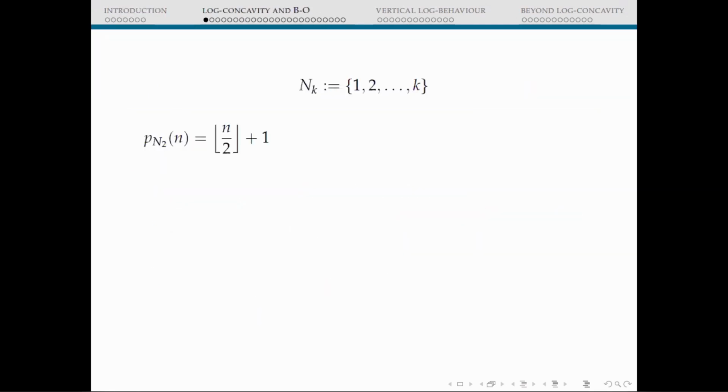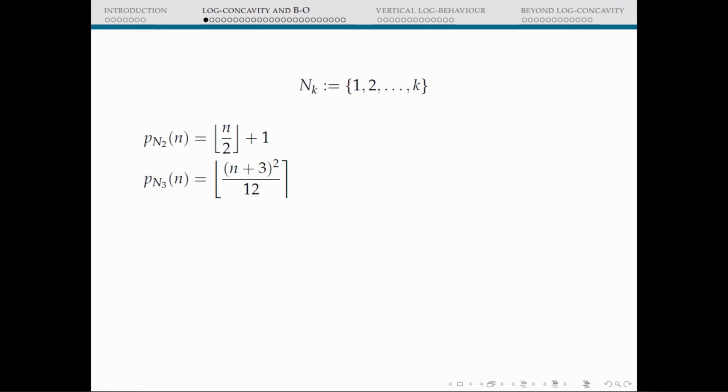So for instance, if we take the most natural example, we consider a partition function for the set N_k, which is the set of the first k positive integers. Then one can easily show that the number of partitions of n into parts 1 and 2 is just the following number. If we consider the numbers 1, 2, and 3, then this is the following function.